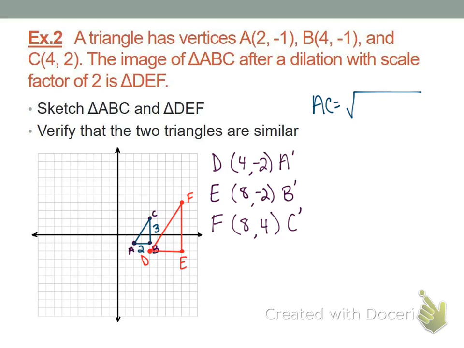Distance between A and C. So we have to take x minus x squared plus y minus y squared. So for my x minus x, I'm taking what minus what?